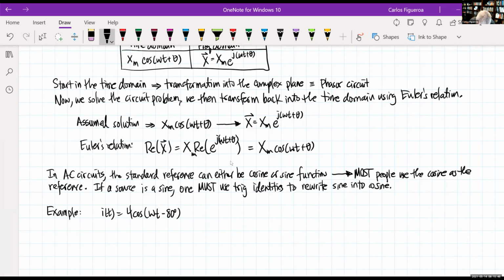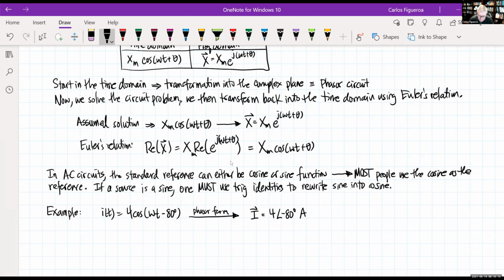Now if I make it into phasor form, since the ωt term always cancels out, this is really a phasor current written as 4 angle negative 80 degrees amps, of course. Okay?